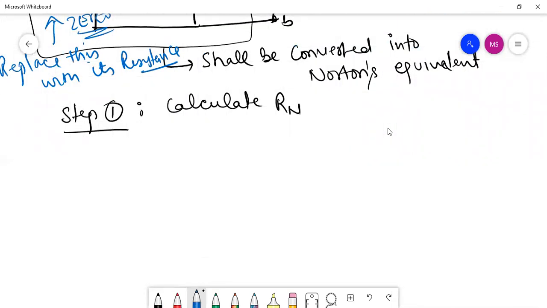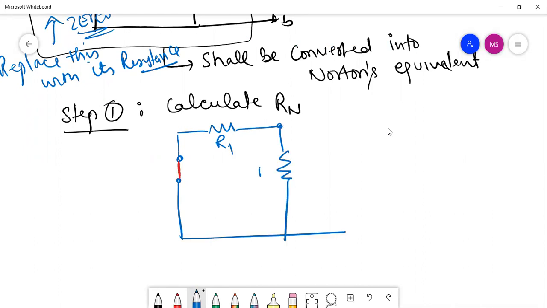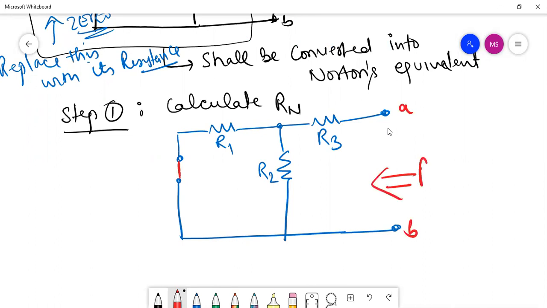So let us redraw. So we have removed the voltage source and we have short circuited it like this, and then we have a resistance here which is R1, and then we have a resistance here which is R2, and then we have a resistance here which is R3. Now we have made the load terminals open, and we will calculate the Rn here by looking into the network from the open load terminals.